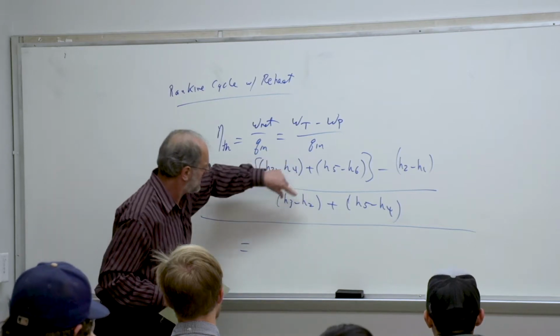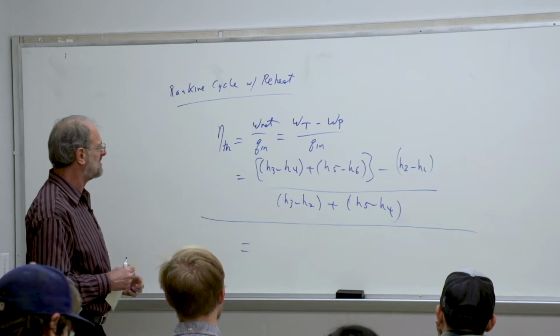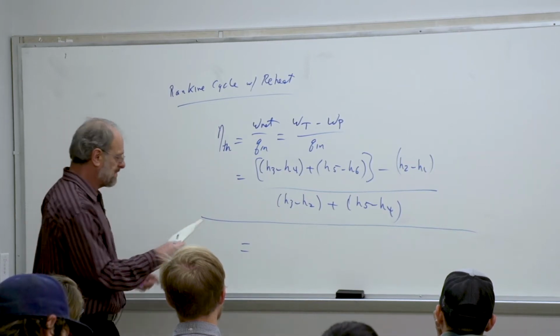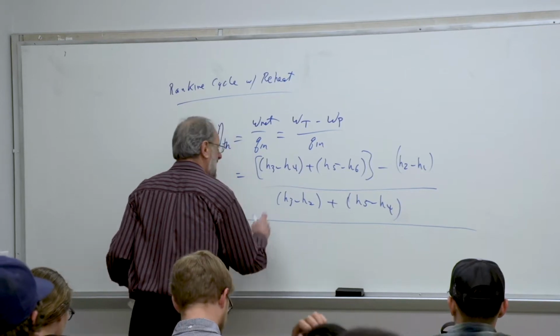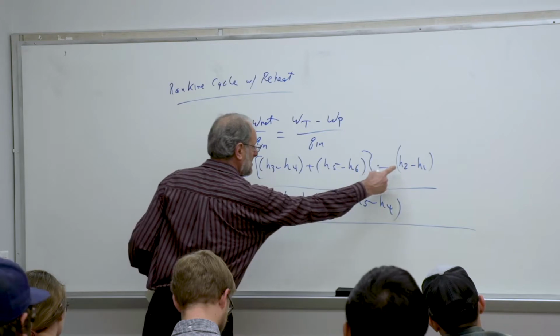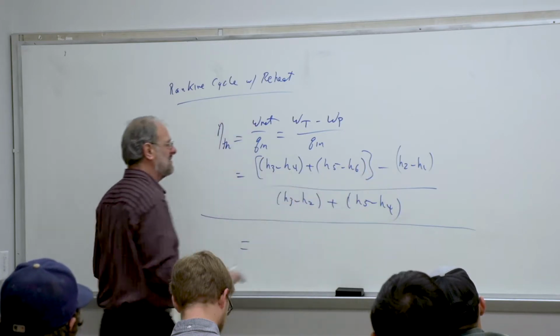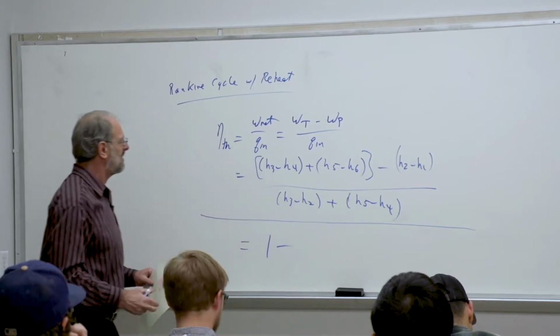And then you'll see that they'll actually combine with the H3 minus H2 plus H5 minus H4 term in the denominator. So if we do that, I'm not going to go through every step here, but nonetheless, the H3 minus H2 plus H5 minus H4 terms are going to cancel in the denominator, and that's just going to give us a value of 1.